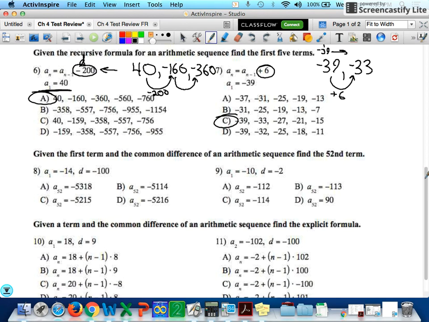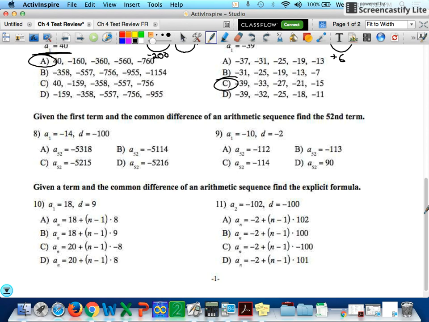Okay. On to number 8, it says, given the first term and the common difference of an arithmetic sequence, so that should have already been a giveaway, common difference, arithmetic sequence, keywords, find the 52nd term. And now's where we actually got to start breaking out some of these formulas, okay? So for this one right here, we know we need our arithmetic sequence, common difference.